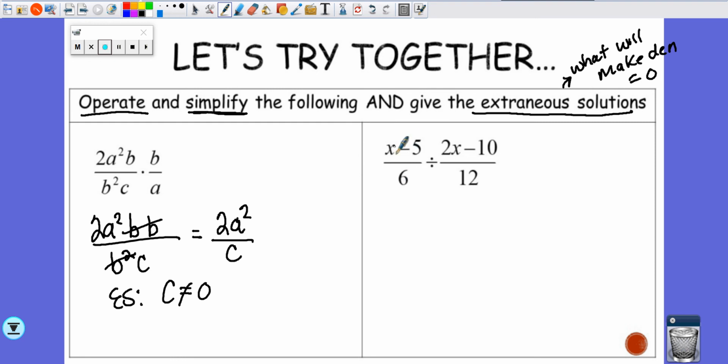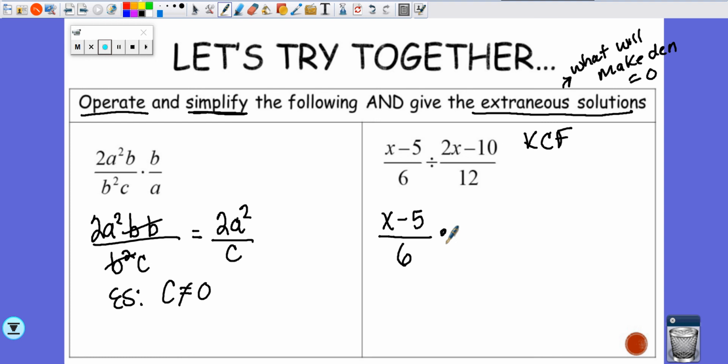Here we have a fraction divided by another fraction. When you're dividing rational expressions, you do keep, change, flip.